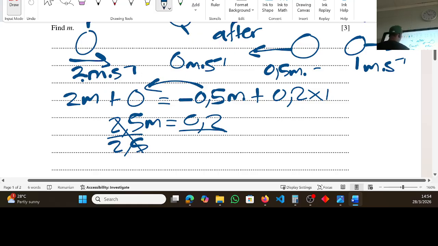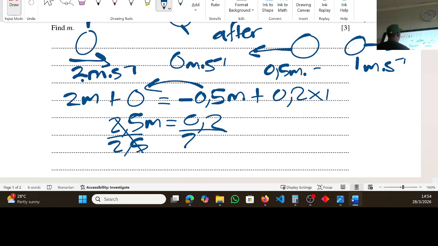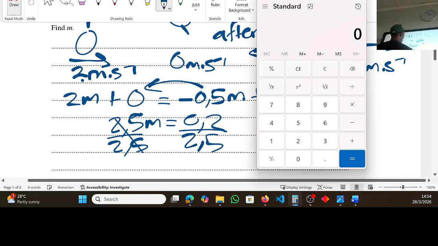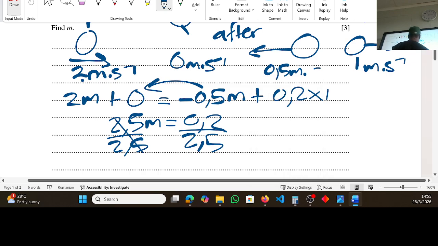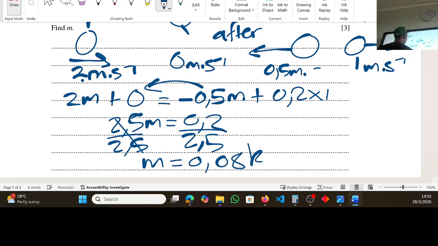Because I had 2.5m equal to 0.2, so it's 0.2 divided by 2.5, giving us 0.08. So the mass m is going to be equal to 0.08 kilograms. That was it on the first problem.